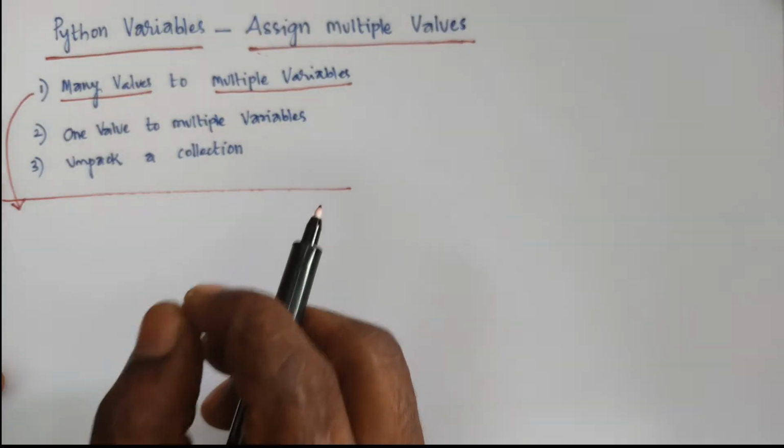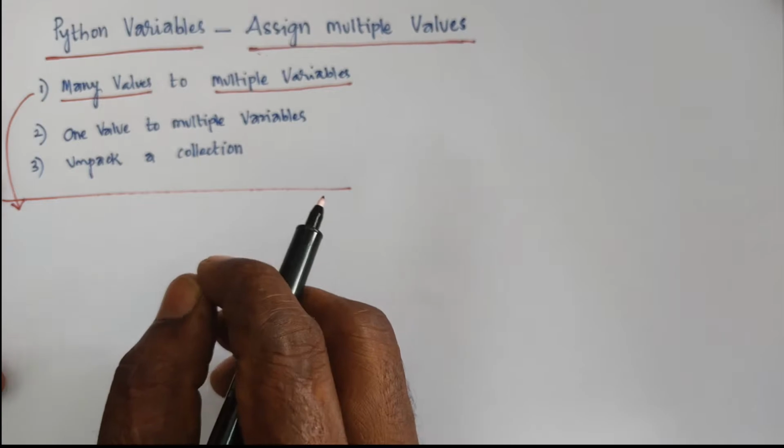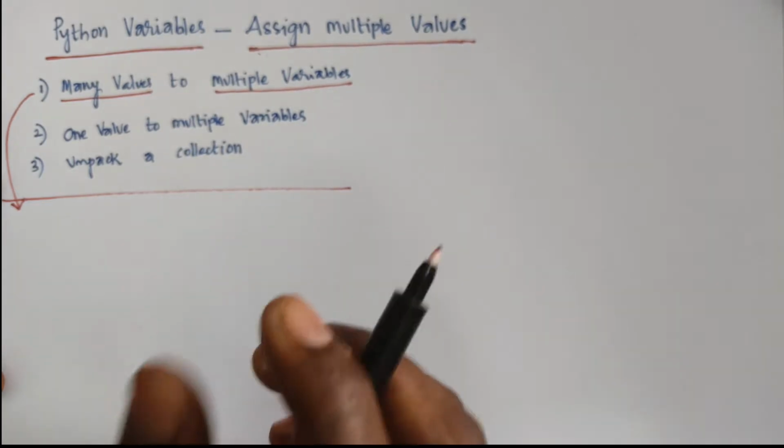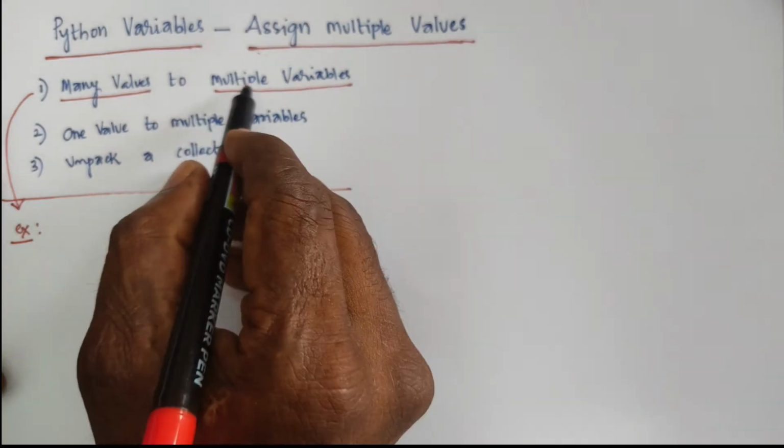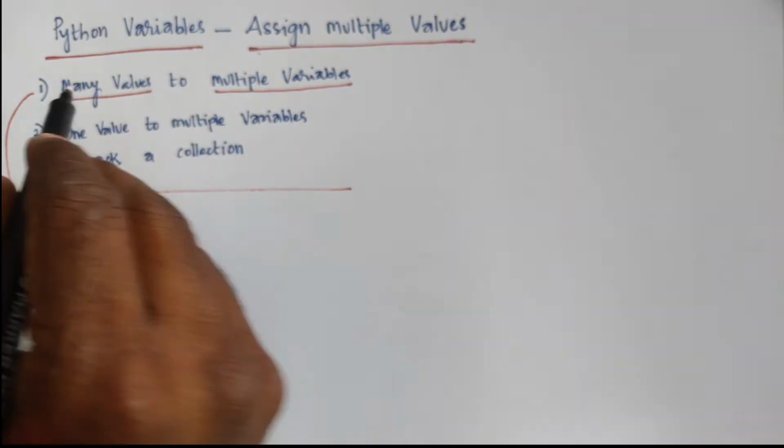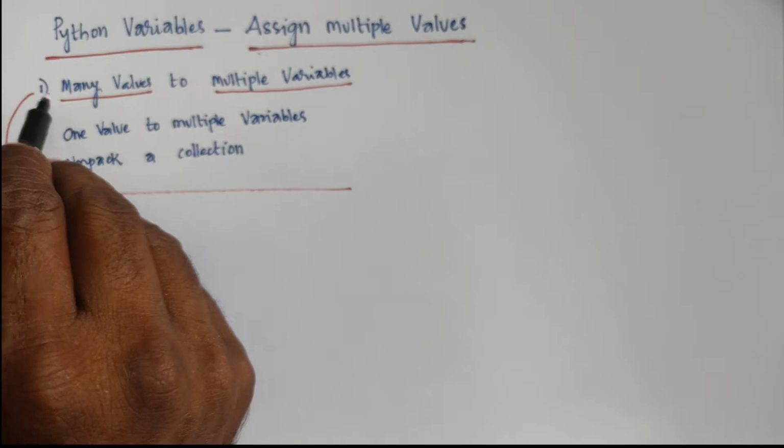Here Python allows you to assign values to multiple variables in one line. How can you write it? Multiple values are the inputs and multiple variables are the outputs.